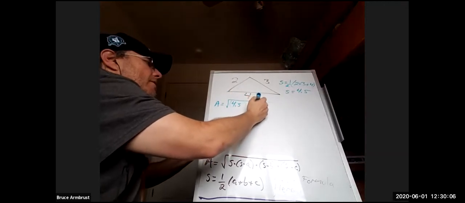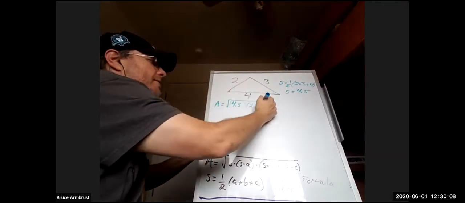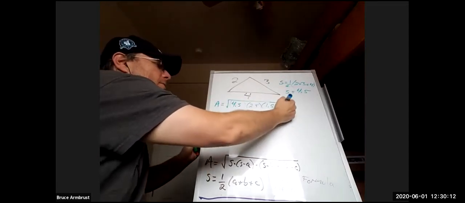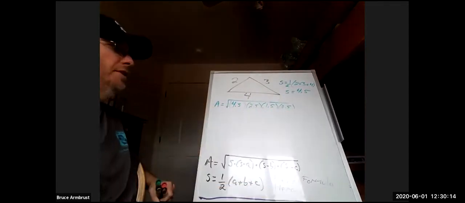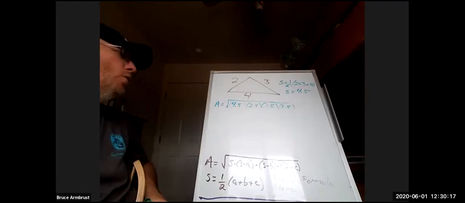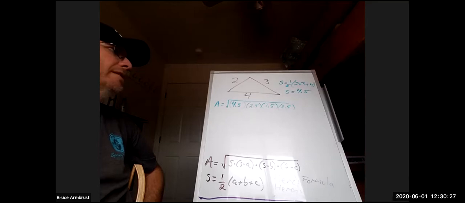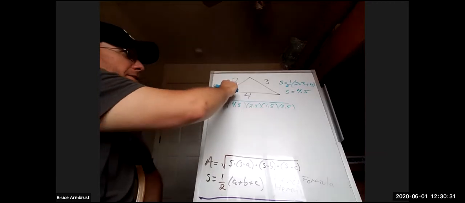That's 2.5. Now we have 4.5 minus 3. That's 1.5. And 4.5 minus 4 is 0.5. So it totally doesn't matter because of the commutative property of multiplication. So just do it however you need. So basically what I do, I take that S and then I just subtract each one and put those numbers in.